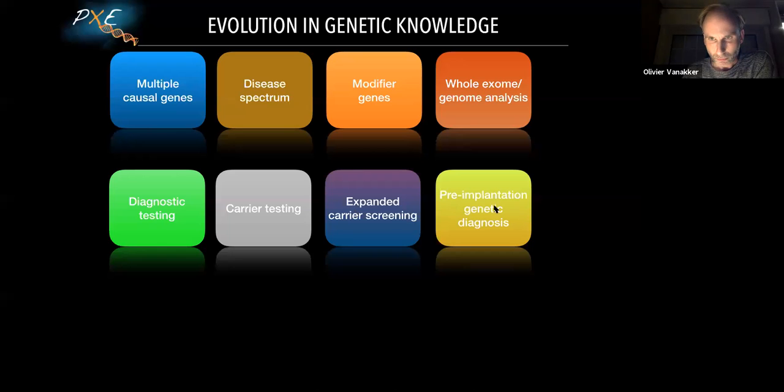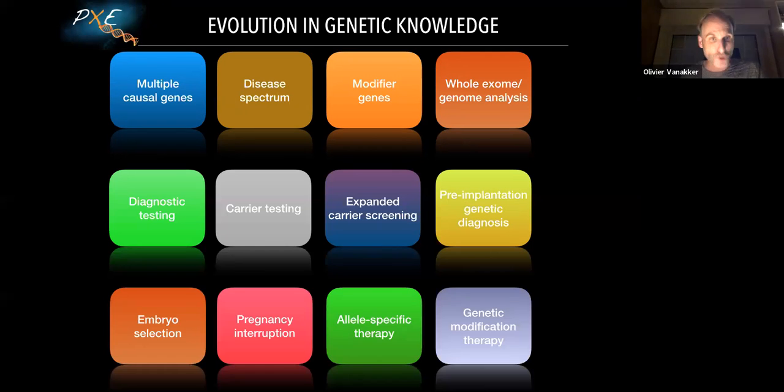And we can also test embryos in a procedure that is called pre-implantation genetic diagnosis. This has led to a set of interventions, embryo selection, if we want to prevent a disease from being passed to the next generation, or pregnancy interruption.